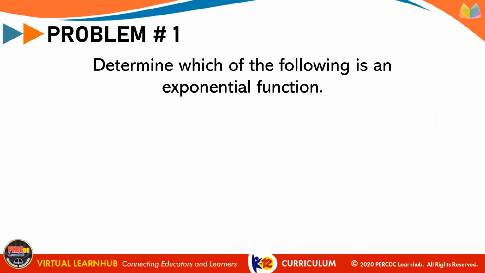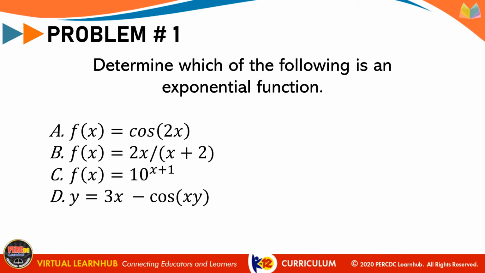Problem number 1. Determine which of the following is an exponential function. A. F of x equals cosine 2x. B. F of x equals 2x over quantity x plus 2. C. F of x equals 10 raised to x plus 1. D. Y equals 3x minus cosine xy. Letter A is a trigonometric function because of the cosine here.